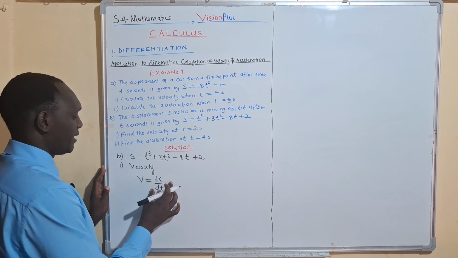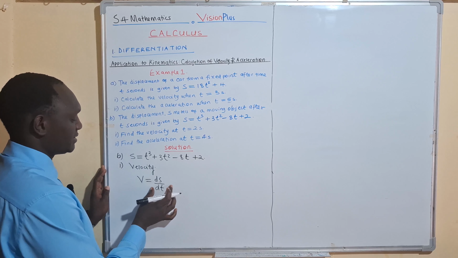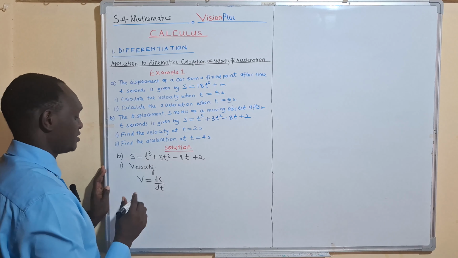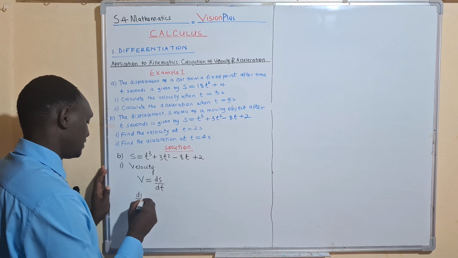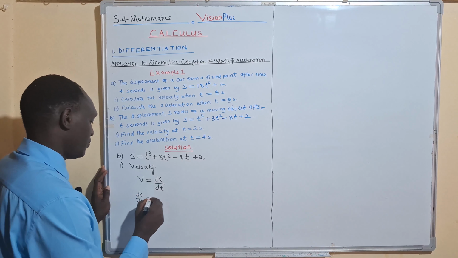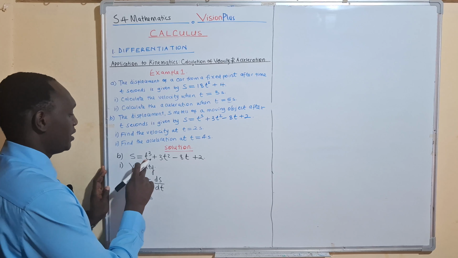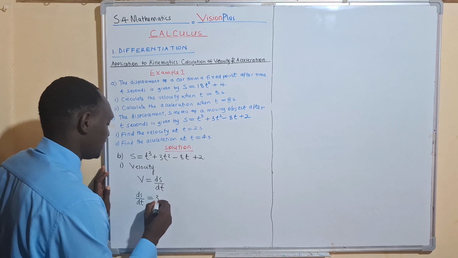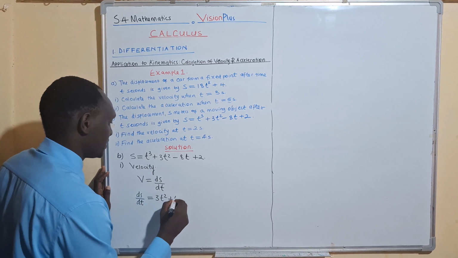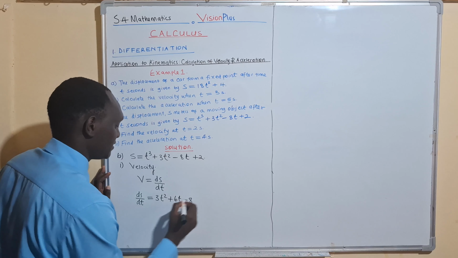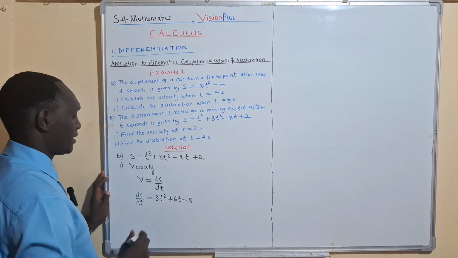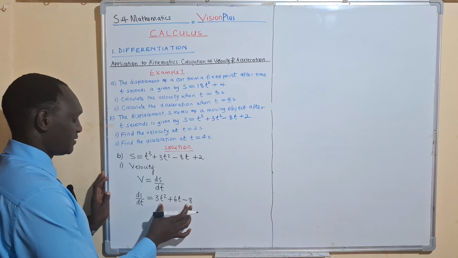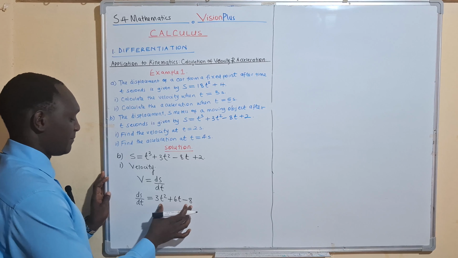Now, from here, for us to get ds/dt, we need to differentiate the given function of displacement. So ds/dt equals, if we differentiate this function, which you can do, 3t squared plus 6t minus 8. Okay, this is ds/dt, which is the rate of change of displacement at any time.